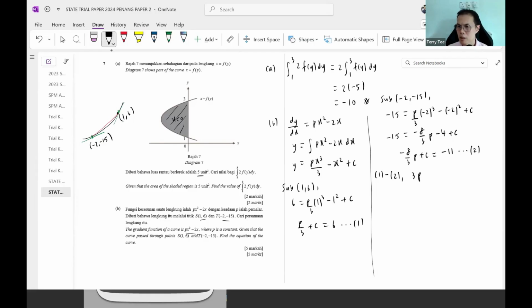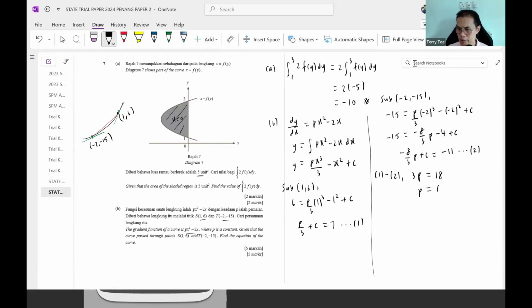Okay, sorry, I made a mistake here. 6 minus 1, this is 7. Okay, so you bring this over, your c minus c disappears. 7 minus 11, 7 plus 11 is 18.